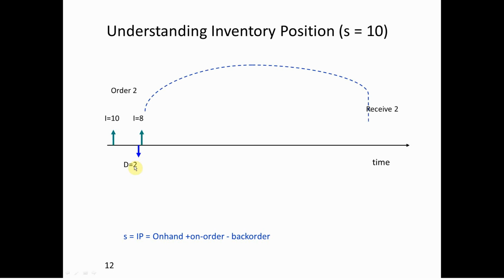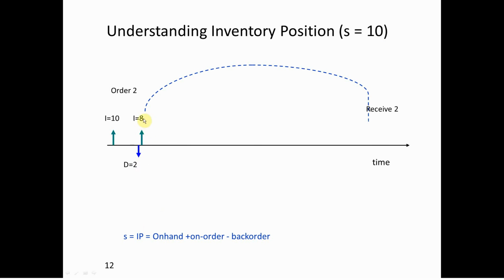Then we're going to look at our inventory and say our inventory position should be S, which is 10 units. So again, this is different than the previous example. It's 10 units instead of 20, but we're going to start out with base stock 10. So we have a deficit. Our inventory position is now off by 2.